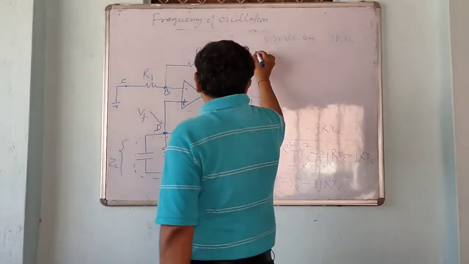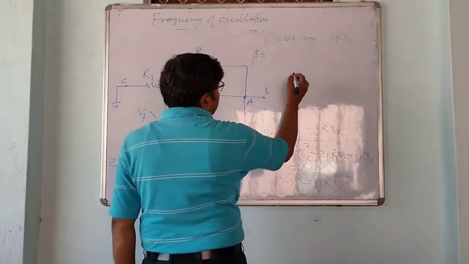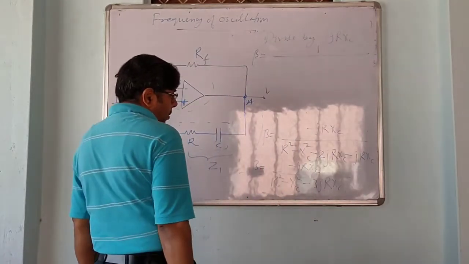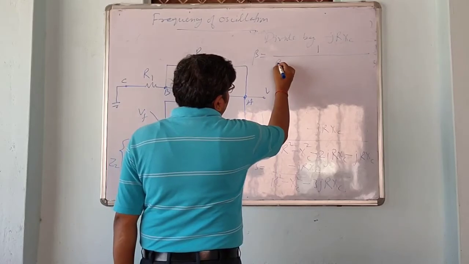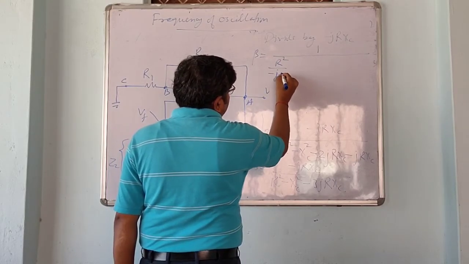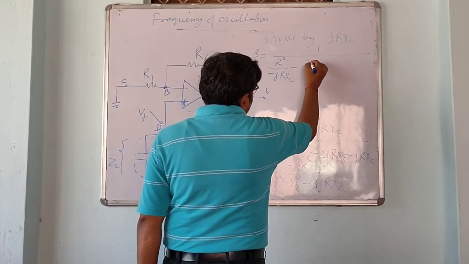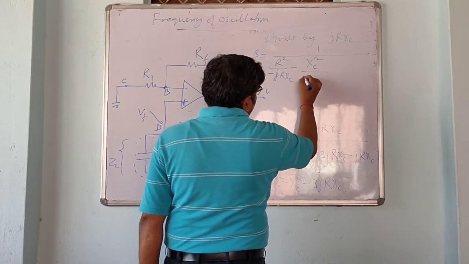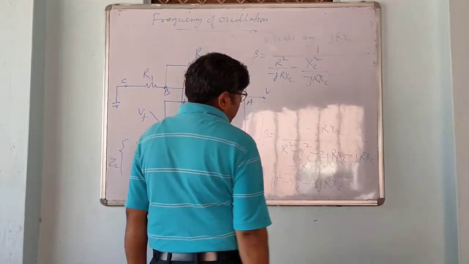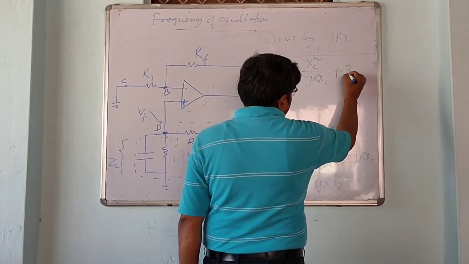Then you will divide this, beta equals 1 upon R square upon minus jRXC minus XC square upon minus jRXC, and this is, that is plus 3.